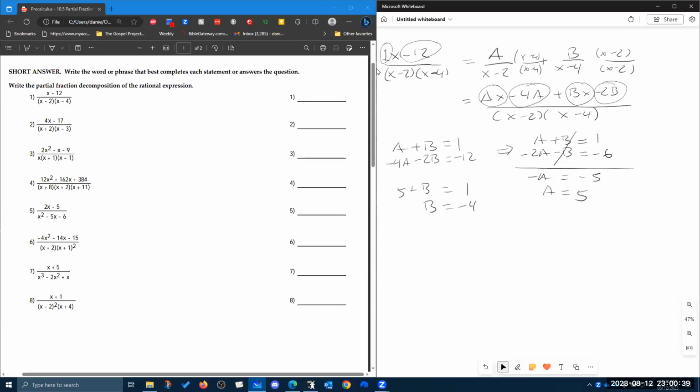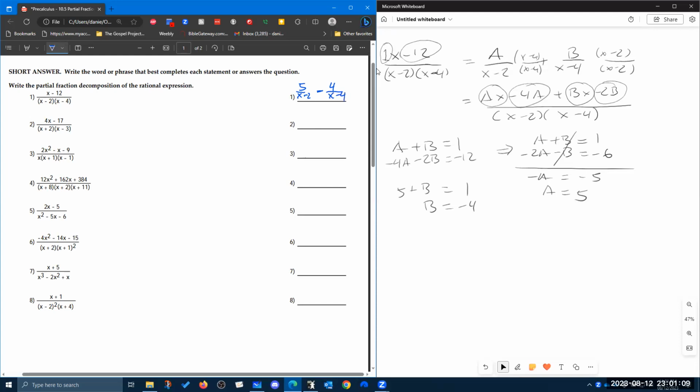So this is going to become 5 over x minus 2, and then plus a negative is minus 4 over x minus 4.